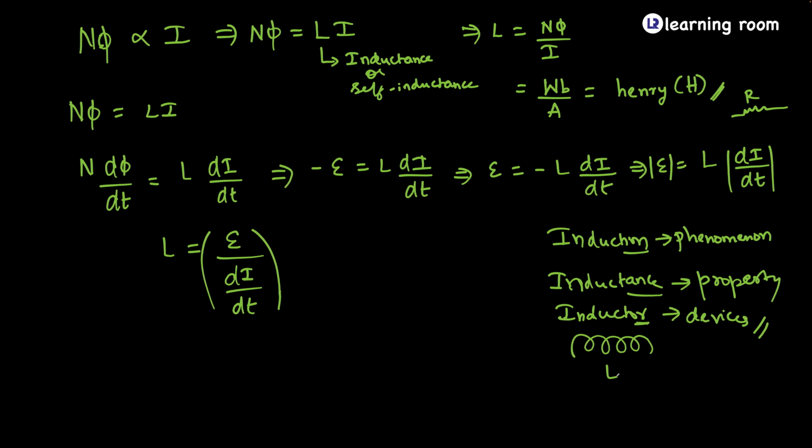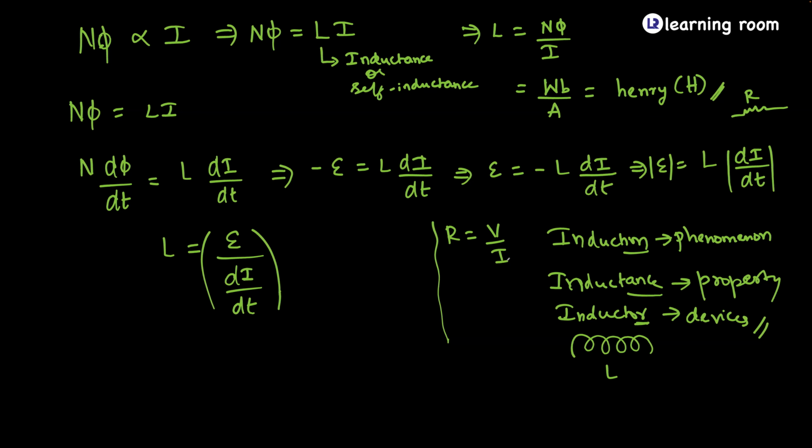The inductor's job is to oppose. I'm going to use the similarity. If I write resistance in terms of voltage and current, can I write R is equal to V divided by I? So R and I are inversely proportional, in the sense that a resistor will oppose the flow of current.